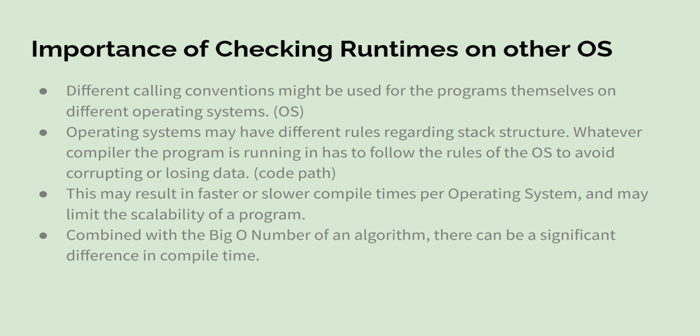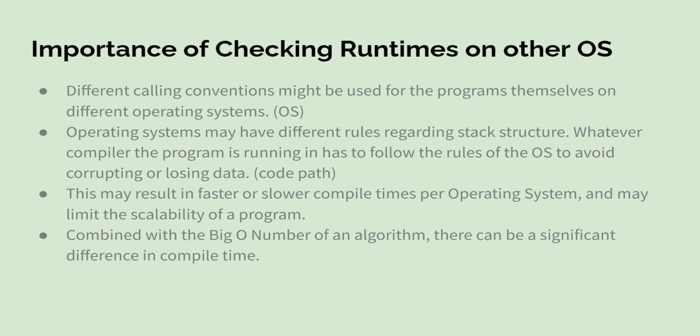Different calling conventions might be used for programs on different operating systems. Operating systems may have different rules regarding the stack structure, so how it stores data during runtime. Whatever compiler the program is running has to follow those rules as well as the OS to avoid corrupting or losing the data.